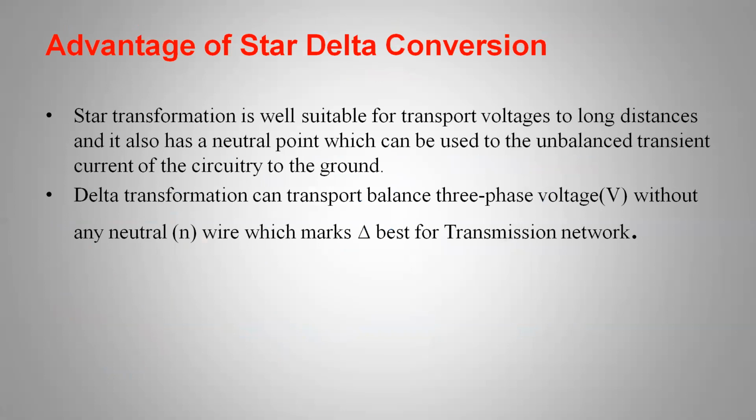Next, what are the advantages of this conversion, star to delta conversion and delta to star conversion? Star transformation is well suited for transporting voltages over long distances, and it also has a neutral point which can be used to carry the unbalanced transient current of the circuitry to the ground.